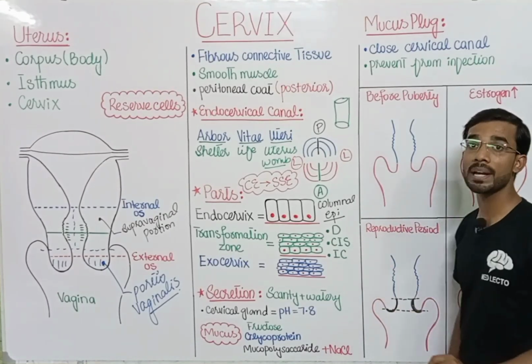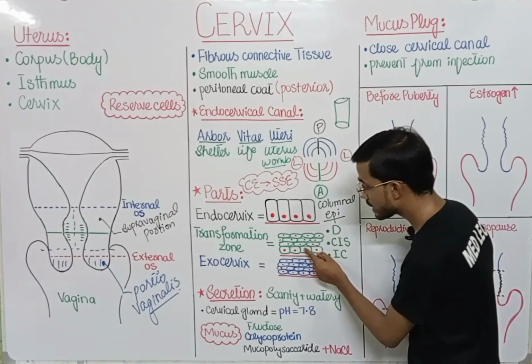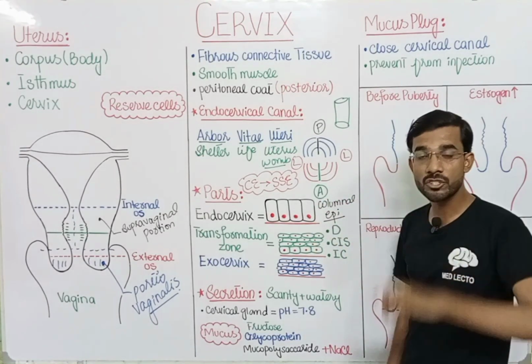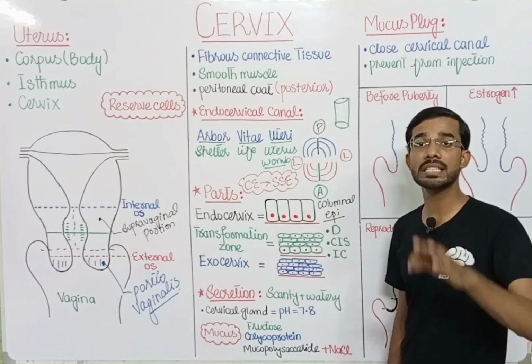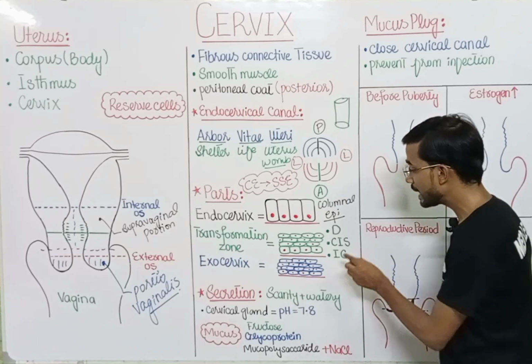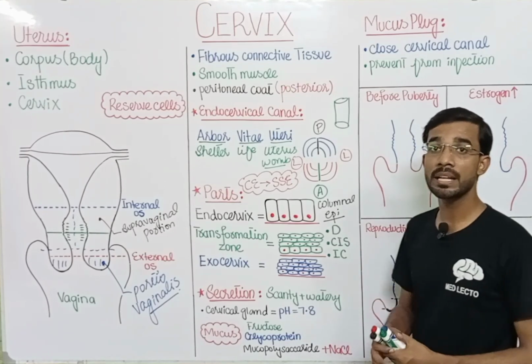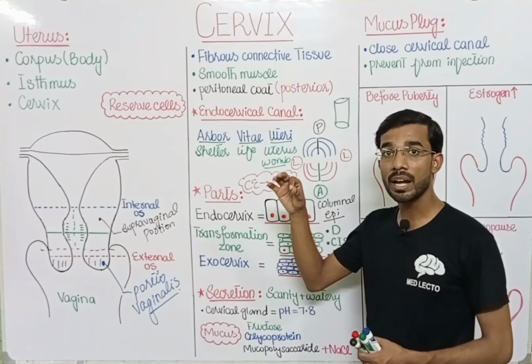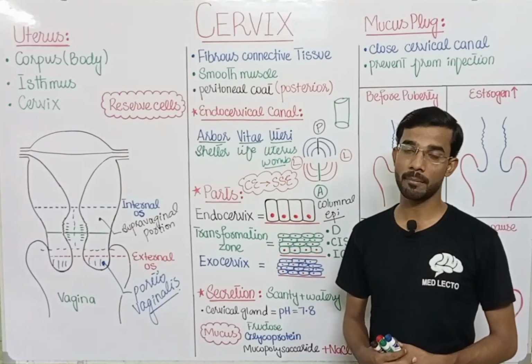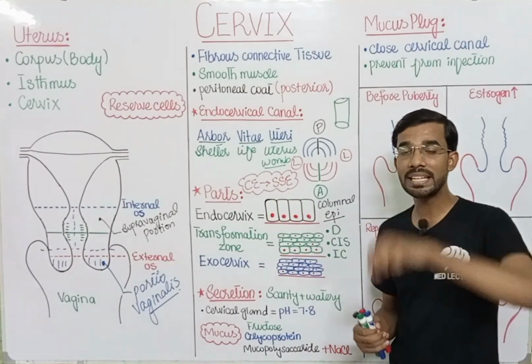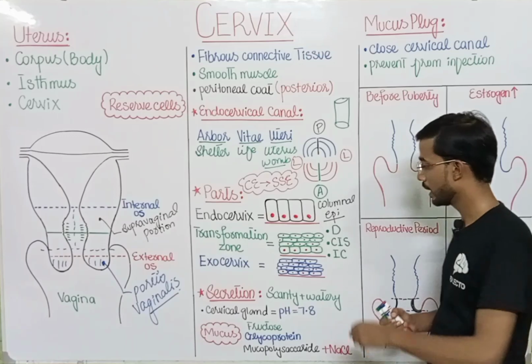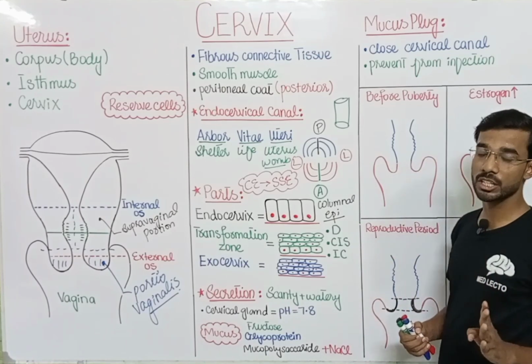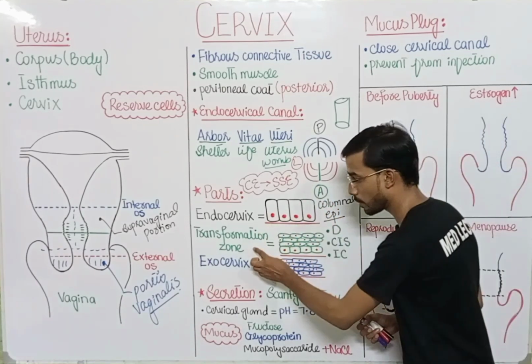Next is carcinoma in situ, in which the cells do not penetrate the basement membrane. In invasive carcinoma, the cells start penetrating the basement membrane or go beneath it. These are the three conditions you can see in the transformation zone.